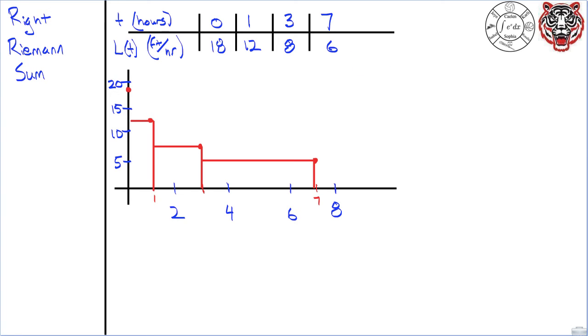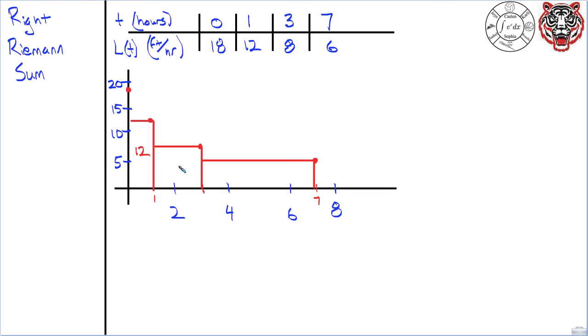All right, now let's quickly find the areas. The first one is 1 by 12, so 12.